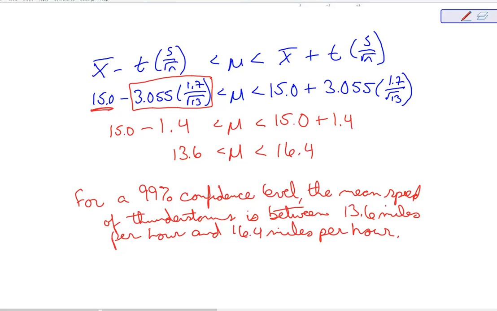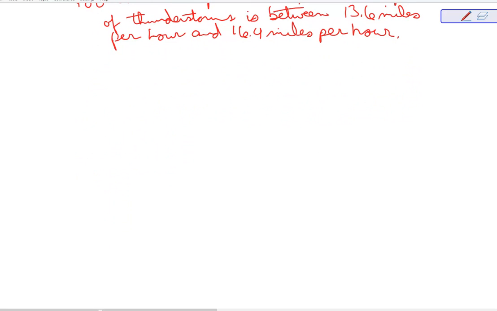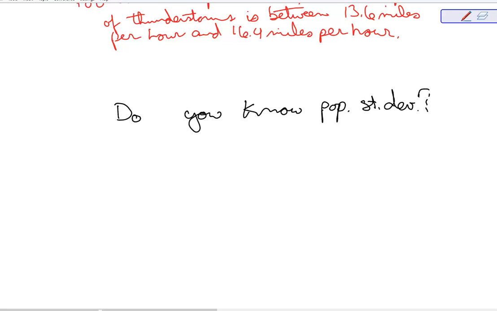Make sure when you're working with confidence intervals, the question to ask yourself is, do you know the population standard deviation? If the answer is yes, then you're going to use a z-table. If the answer is no, you're going to use a t-table.